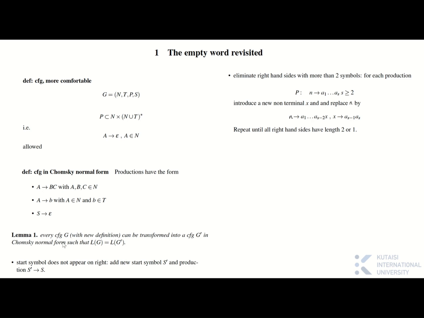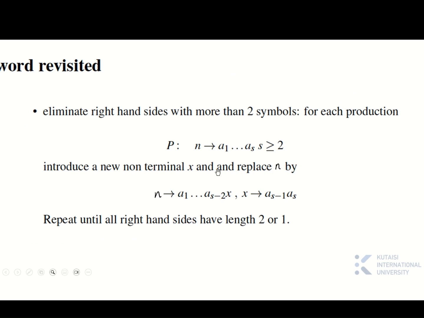Now what I want to do is make all my productions shorter, so that they have 2 symbols maximum on the right side. How? Let's say I have a production which has more than 2 symbols. So I have a production N implies A1 up to AS, and S is longer than 2. How will I make it shorter?